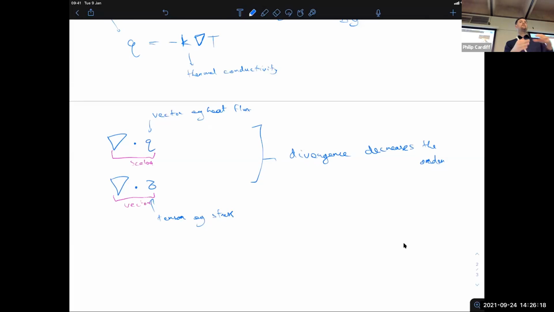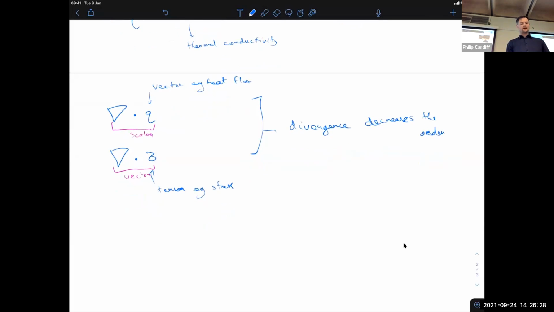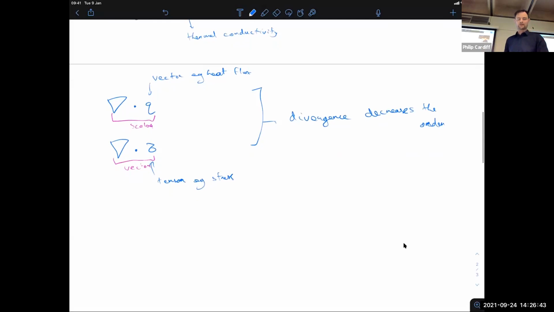So what I can say is if it's reached steady state, if I just sum what's flowing in and out everywhere, it should equal 0. So all of them should balance. So that's what the divergence says. The divergence is basically summing what's flowing in and out of any region of space. That's physically the interpretation of the divergence. So the gradient, the physical interpretation, is just how it's changing in space, but the divergence is physically summing up what's flowing in and out.